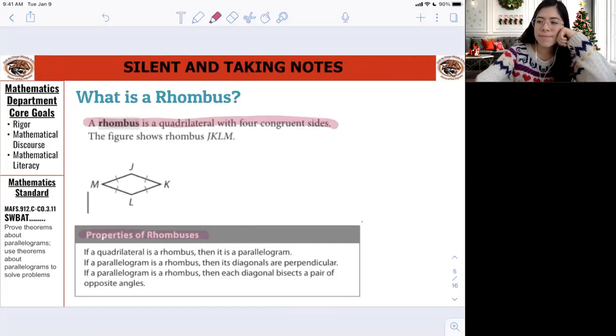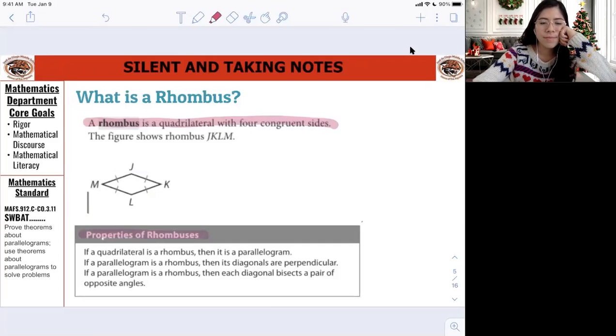Can I type it? No, go ahead and read. What exactly am I reading? The definition and the properties. That's a lot. So I'm not going to read everything. Okay, I see how it is. Go ahead.